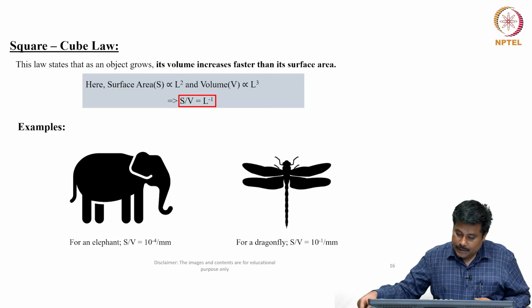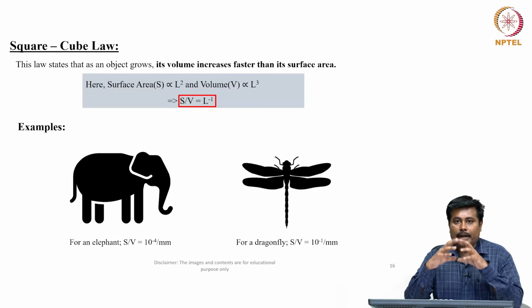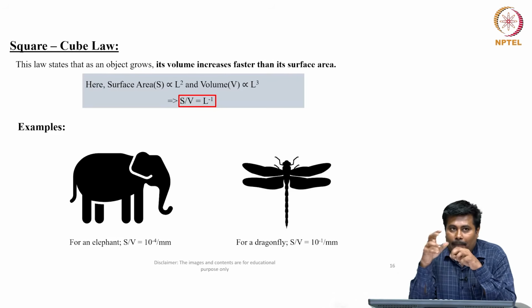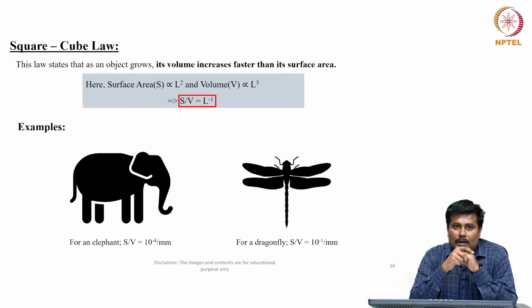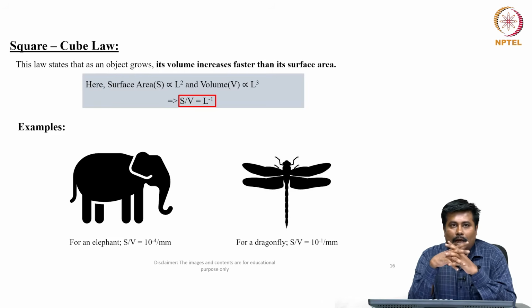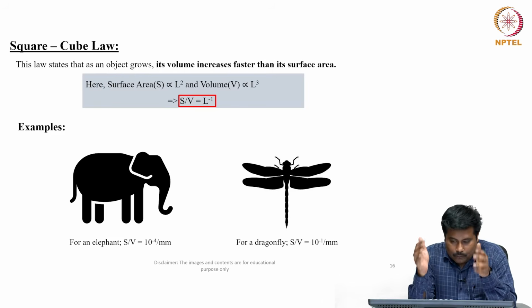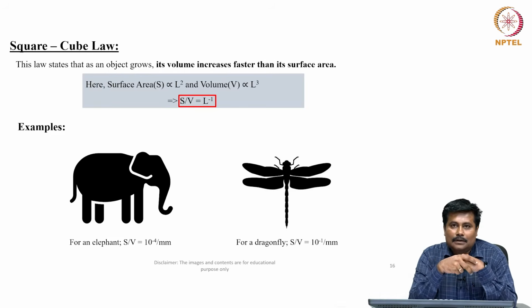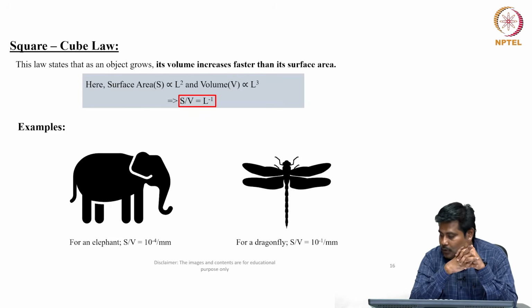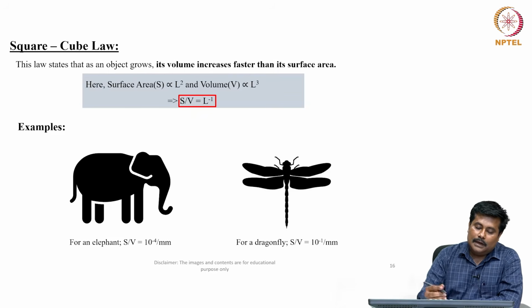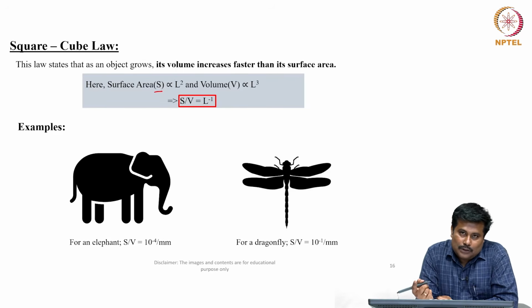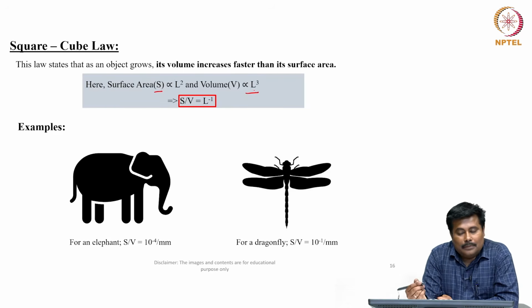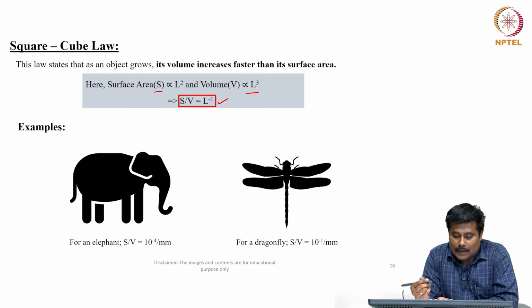Now, as far as the scaling laws are concerned, we normally follow the square cube law. This law states that as an object grows, its volume increases faster than its surface area. So, surface area is proportional to L square, and volume is proportional to L cube. So, S by V is normally represented as L power minus 1.